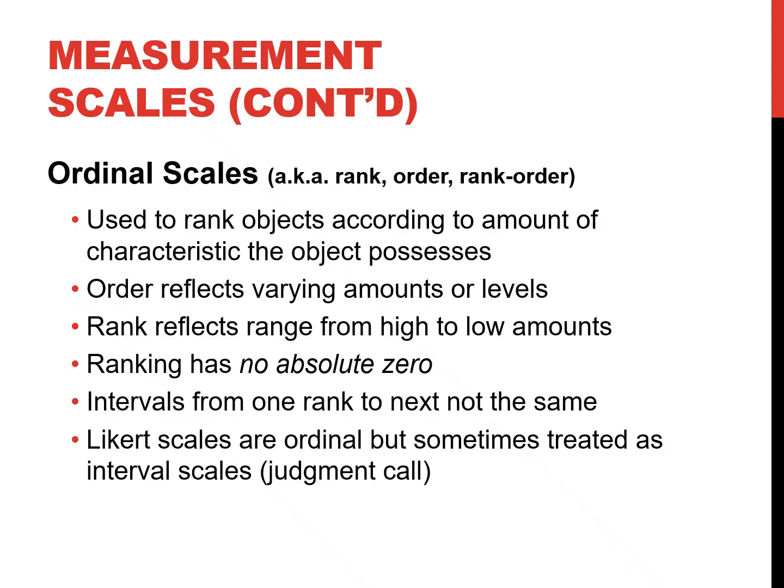Likert scales are ordinal, but sometimes they're treated as interval scales. It's quite an interesting debate, because many of the statistical tests that are used assume that Likert scales are interval. So it's one of those places where there's some academic debate about issues.